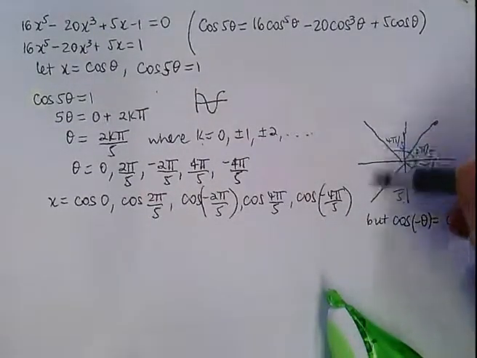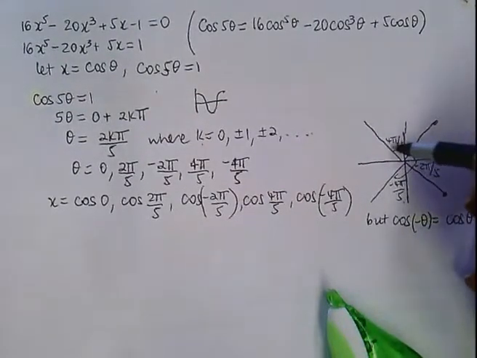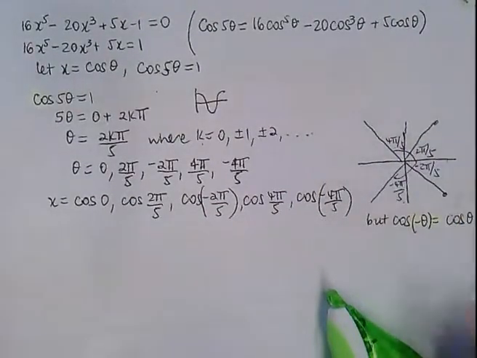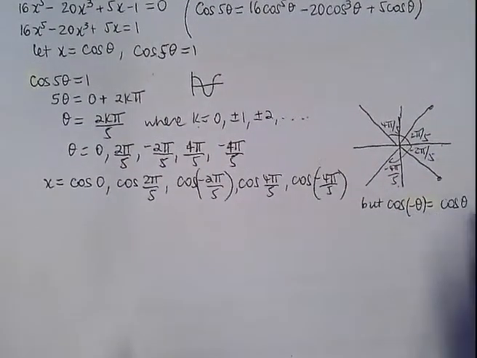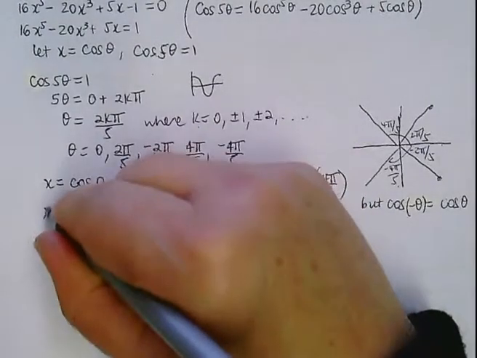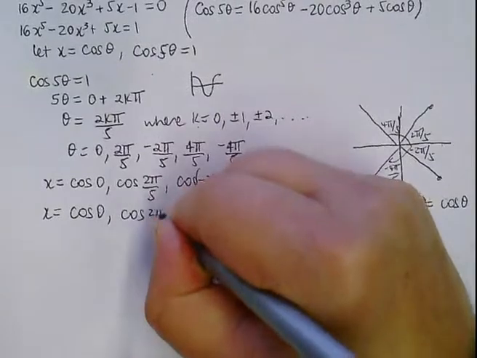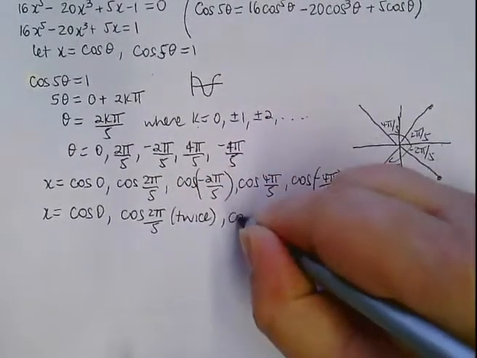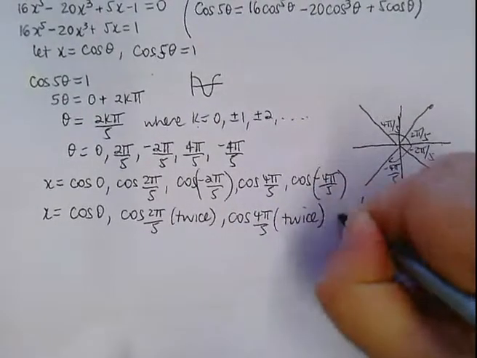We also know that cos in quadrants 2 and 3 is negative. So the cos of 4 pi on 5 is negative cos pi on 5, and the cos of negative 4 pi on 5 is also negative cos of pi on 5. So we know that cos of negative theta equals cos theta, so x equals cos 0, cos of 2 pi on 5, which occurs twice, and cos of 4 pi on 5, which also occurs twice.